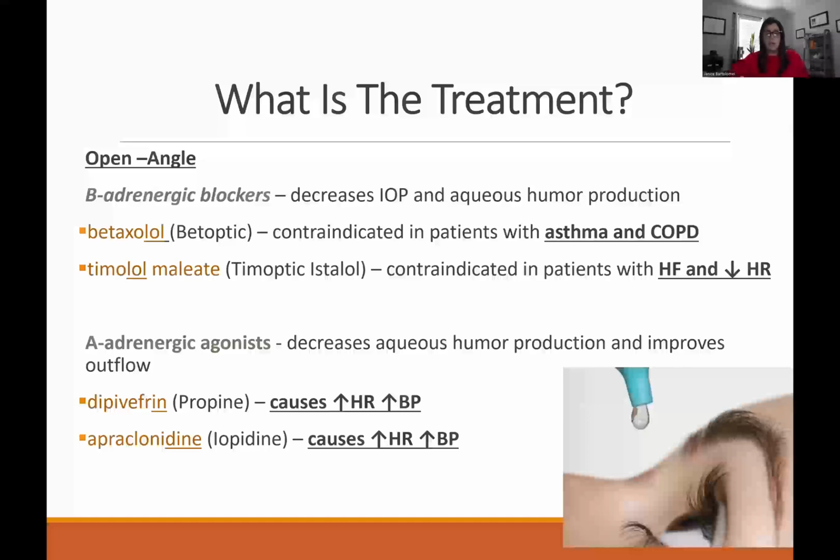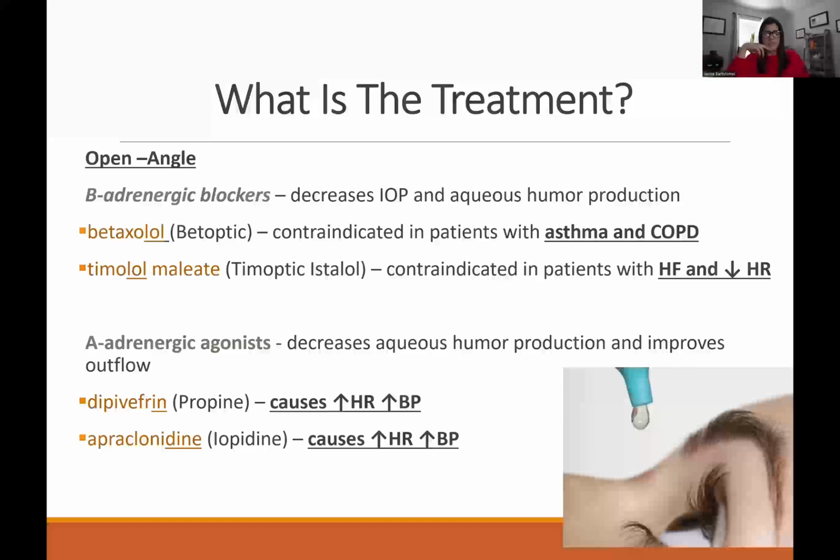But for the chronic one, the open angle, we can give them eye drops that either decrease the production of this aqueous humor, which is that liquid substance, or decrease the intraocular pressure. I separate them. First are the beta adrenergic blockers. They end in -lol because they're beta adrenergic blockers.